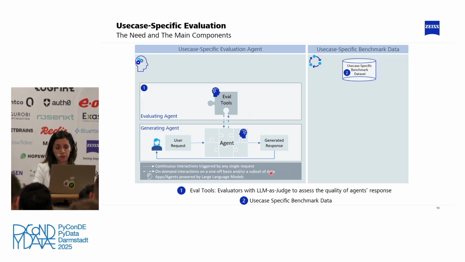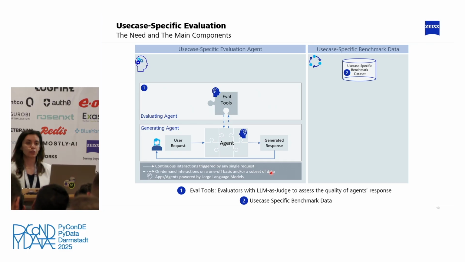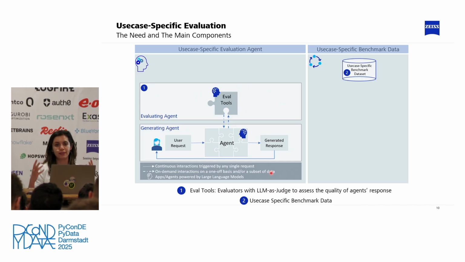Aside from these eval tools, you would also need to define and collect, or better curate, use case-specific benchmark datasets. Similar to the leaderboards that we have for LLMs and the benchmark datasets created for evaluation of the LLMs, for the evaluation of our agents we would also need to curate such benchmark datasets, but these need to be specific to our use case and need to encompass the different requirements that our use case has, the different failure cases, etc. So basically all the different cases that we would like to test our agents against.